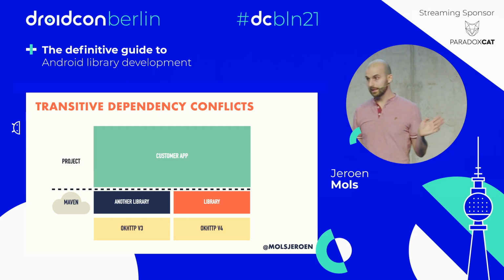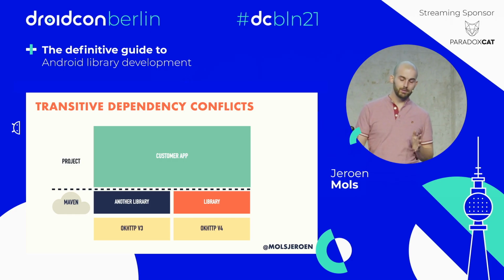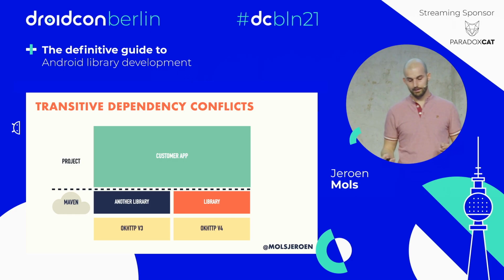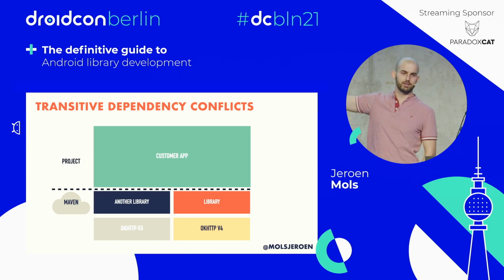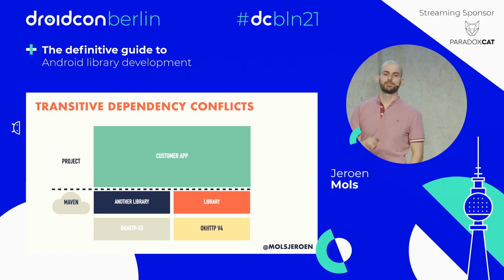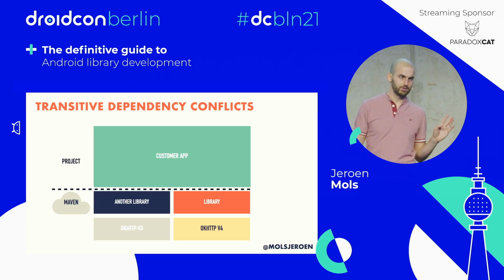Well, now in this case, because I told you every class can only be defined once, the build system will have to make a choice which version of OkHttp to include. That varies a bit per build system, but Gradle will pick the highest version number. So it's going to pick OkHttp 4 in this case, which is fine, right? OkHttp is a really good library, they're backwards compatible, this shouldn't really cause issues.